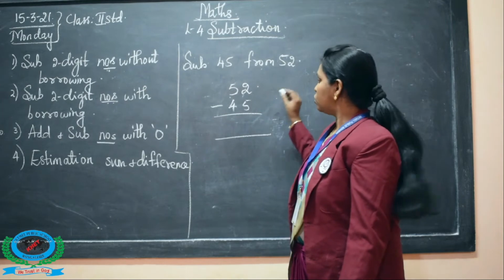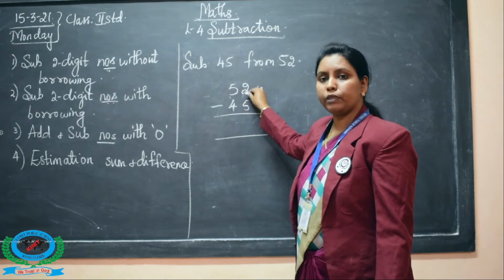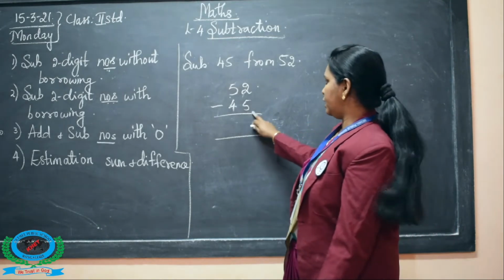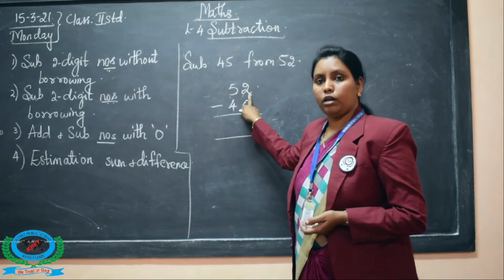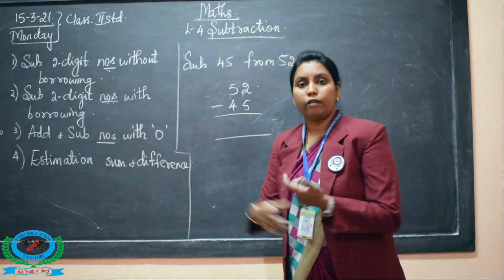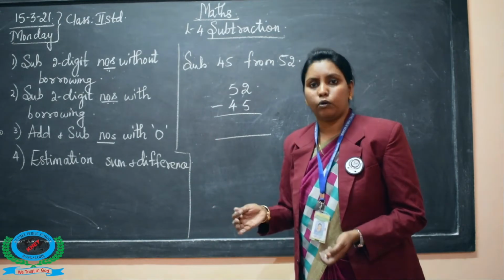Isn't it? So can you subtract 5 from 2? We cannot subtract a greater number from a smaller number. So what you are going to do? There is no other way. You have to take one number from the next number. You have to borrow it.